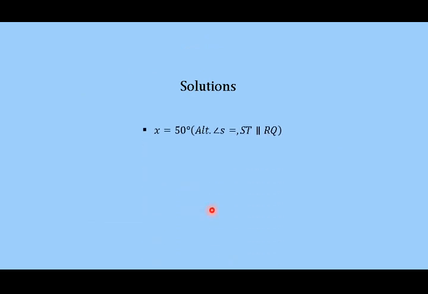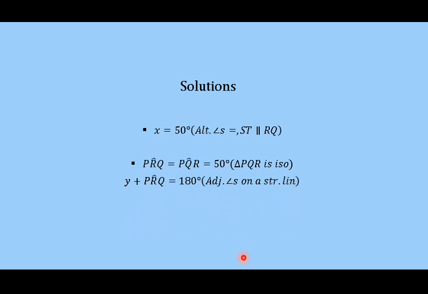X equals 50 degrees, alternate angles are equal because ST is parallel to RQ. And then angle PRQ equals angle PQR and equals 50 degrees, because triangle PQR is isosceles.